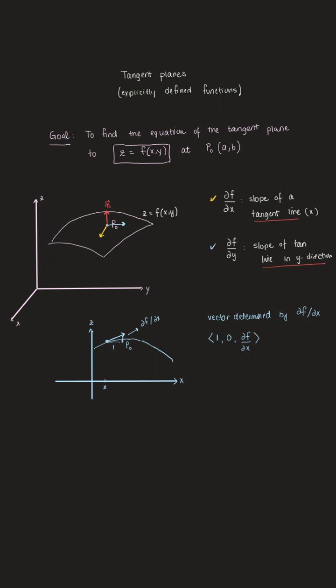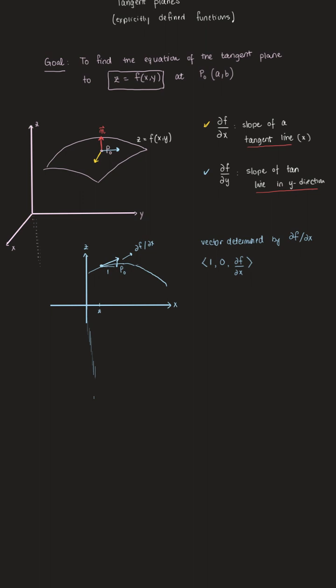We can do the same thing on the yz plane. And so the vector that will be determined by df dy will be, okay, x is not going to change. If I move y over 1 unit, then we'll move up on the tangent line by a quantity of df dy, because the slope of the tangent line is df dy.